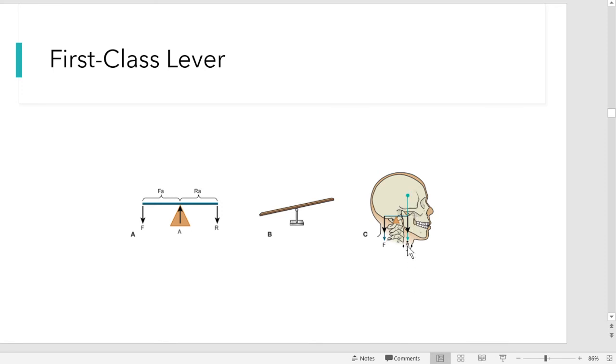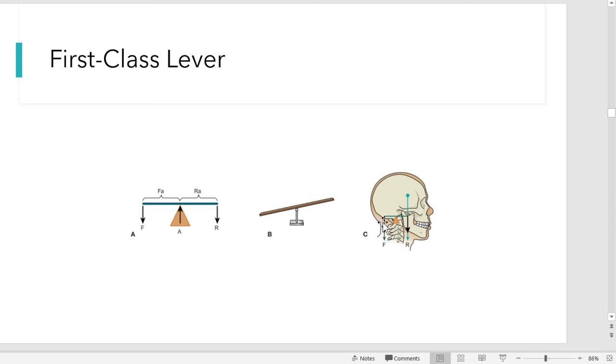So the weight of the head is your resistance arm, while the contraction of the capitis muscles. No? So it could be a longissimus capitis, or it could be a semispinalis capitis. Capitis means head.